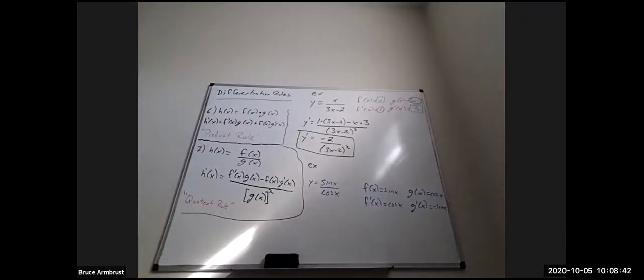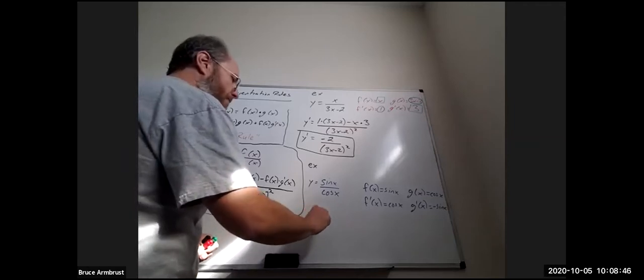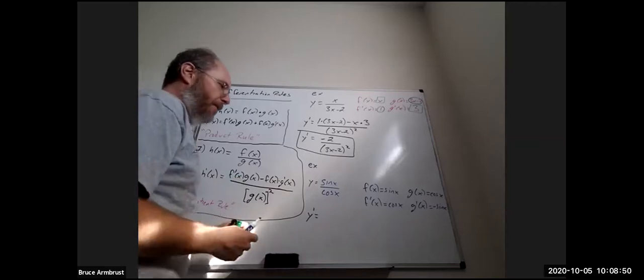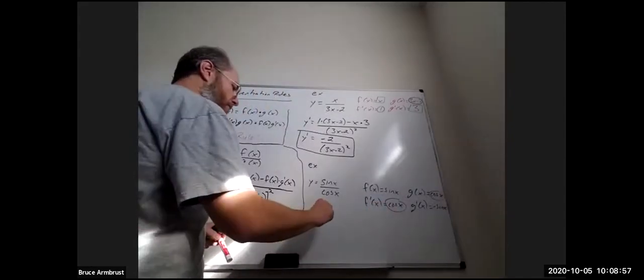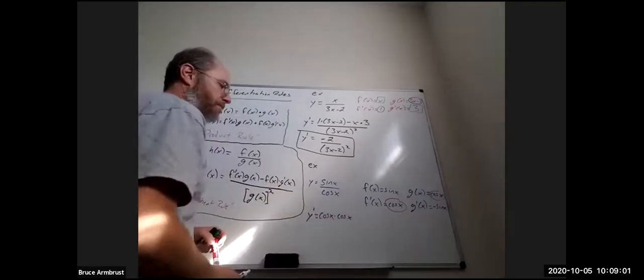So now let's get our y prime. So y prime is going to equal, so remember what we do. We start with the derivative of the top one, so cosine times the bottom one. So I'm going to get cosine of x times cosine of x.